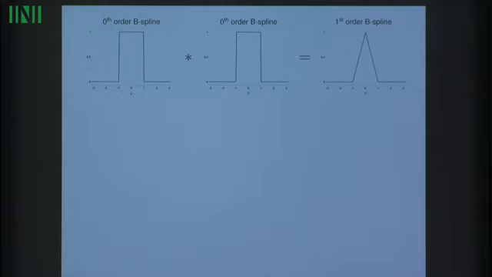So this is just one recipe for constructing regularized delta functions that I like, because I can show you the whole thing just in terms of pictures. So this is a construction that gives a family of kernel functions that's called the cardinal B-spline. So it's related somehow to NURBS. And the idea is that you start off with a function called the window function. So this is a piecewise constant function. If you convolve the window function with itself, you get the hat function.